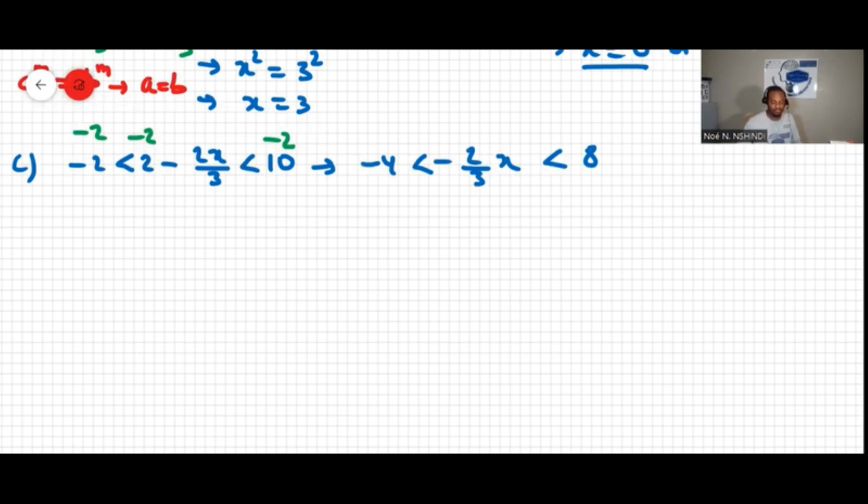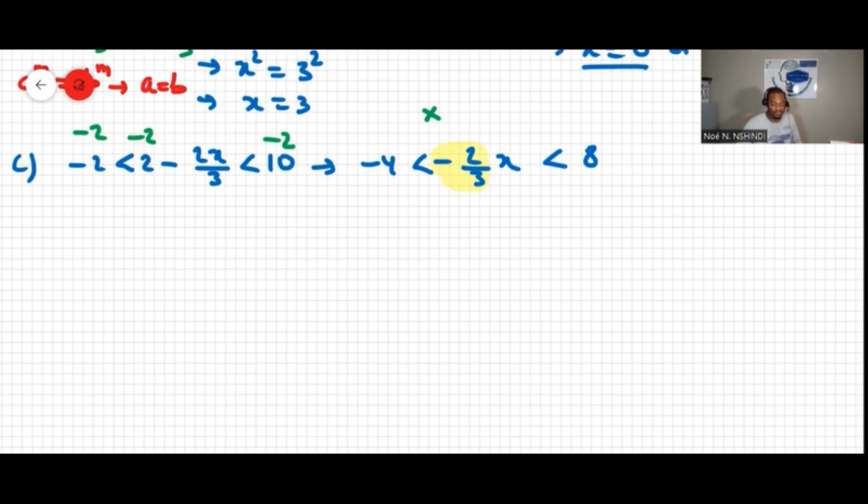Now we want to get rid of this coefficient. If we want to get rid of this, we must multiply by the inverse of the fraction. Everything multiplied by its inverse gives 1.